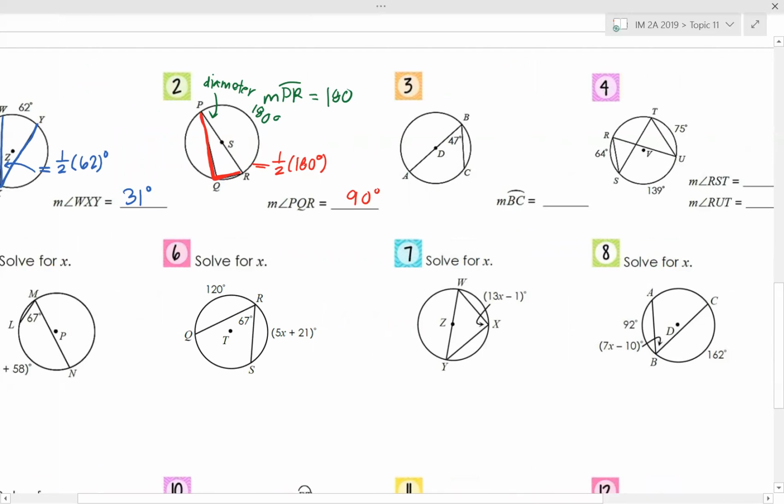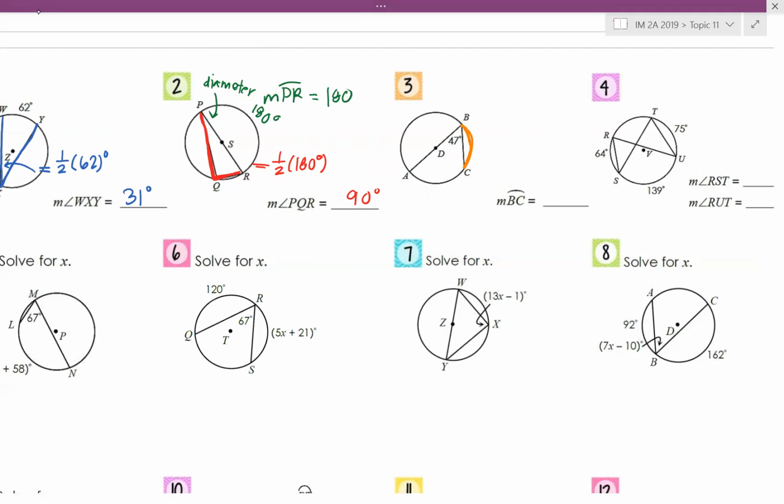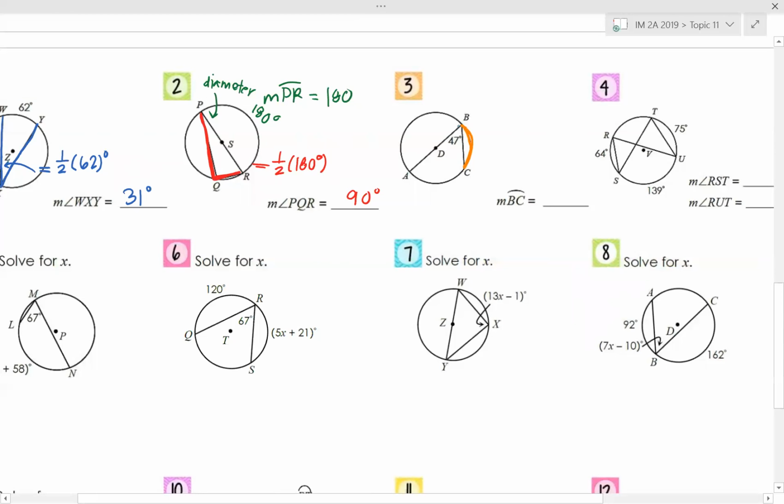Okay, so for number 3, they're asking us for the measure of an arc. And they've given us an angle. So BC, the arc they want is this arc here. Okay, so this is what we're trying to figure out. Looking at the diagram, one thing that we can figure out is the arc next to it, because we know that this angle ABC is 47.